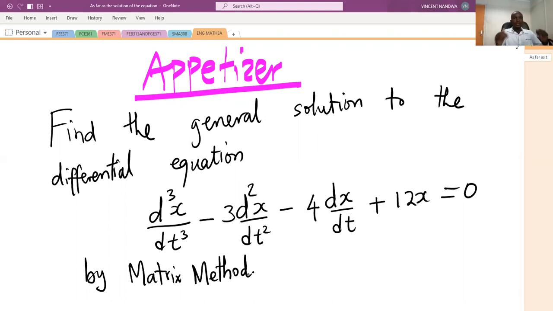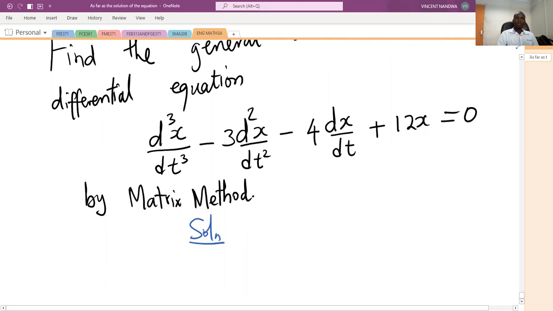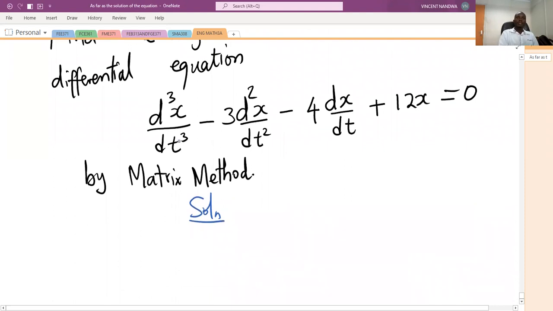Fine. So the first step is to write the highest derivative on one side and take the other terms to the opposite side, which simply means make the third order derivative term the subject in this equation. So, solution. Make this the subject.